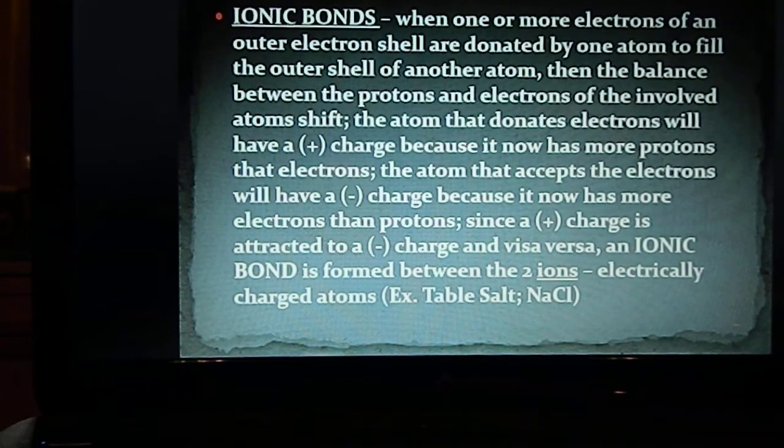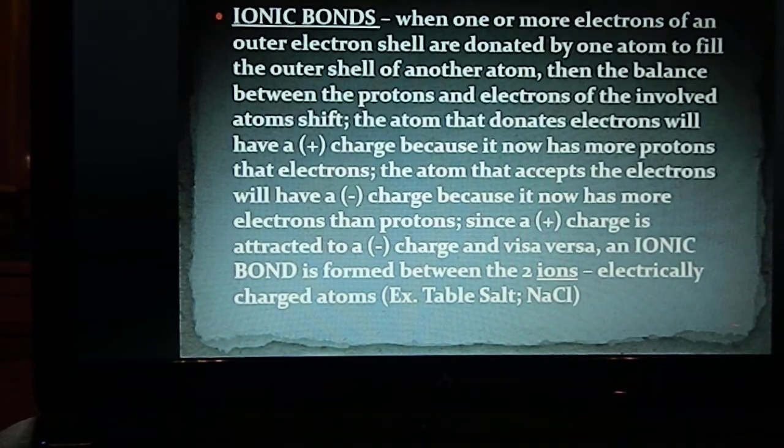Then the balance between the protons and electrons of the involved atoms shifts, right? So what happens is we get more electrons in the one that gets the electrons, and the one that donates the electrons has fewer electrons now. So we have this imbalance between the electrons and the protons, right?